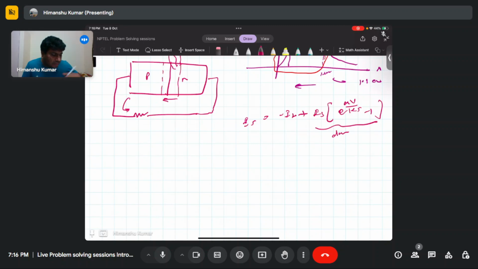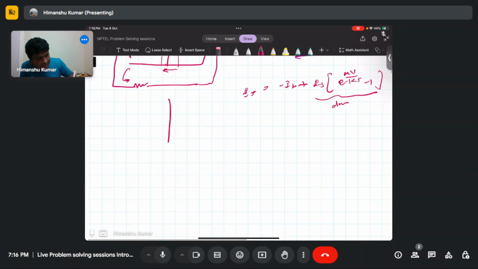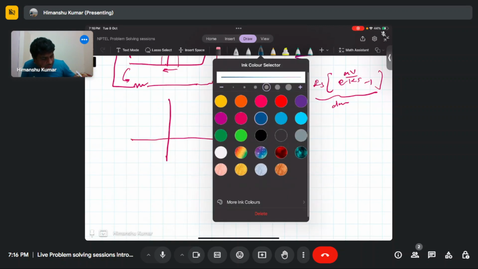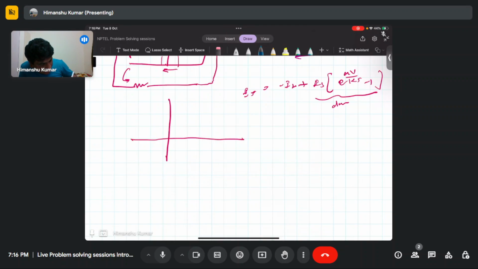If you look at this equation, you will find that the characteristics at zero light are similar to a PN junction, which has this characteristic.